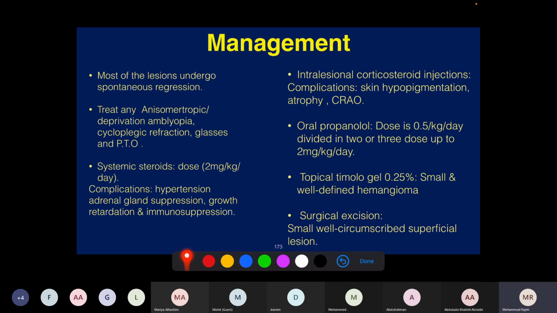But you need to know about the other modalities of intervention. Do you know the mechanism of beta blocker? How does it obliterate the capillary hemangioma? Anyone?